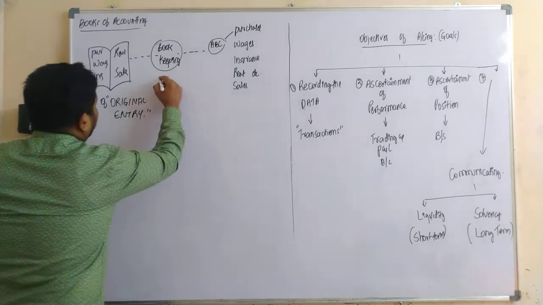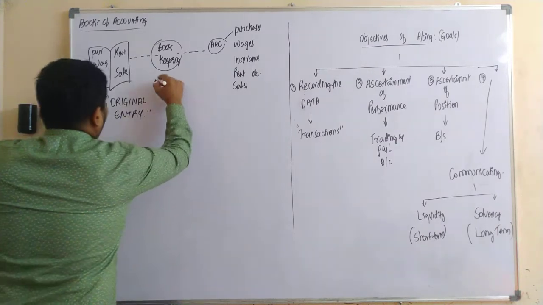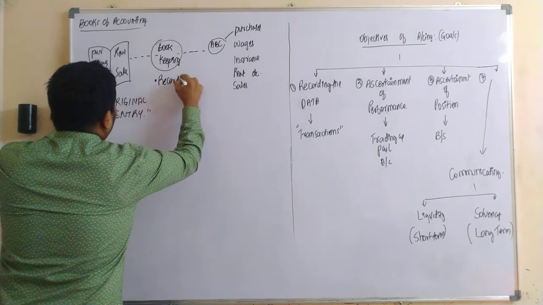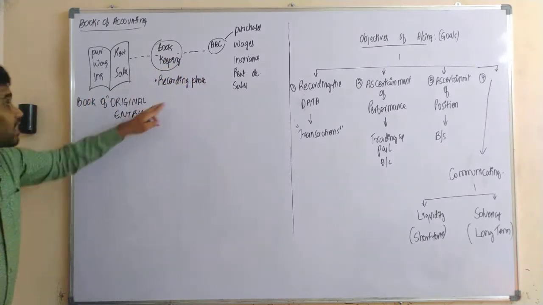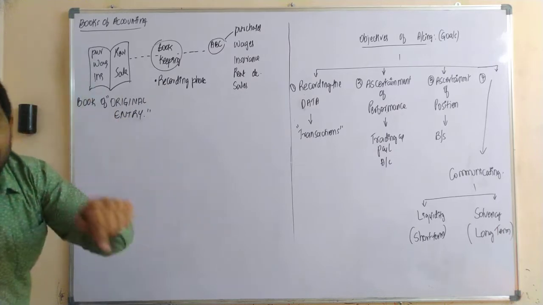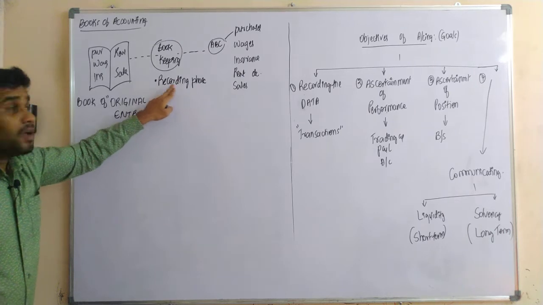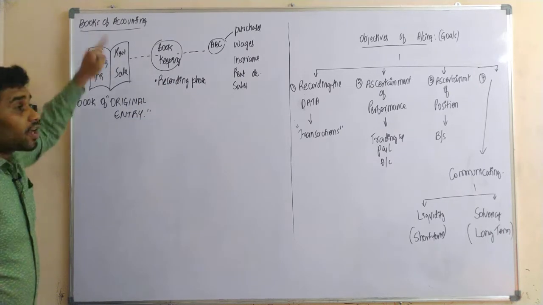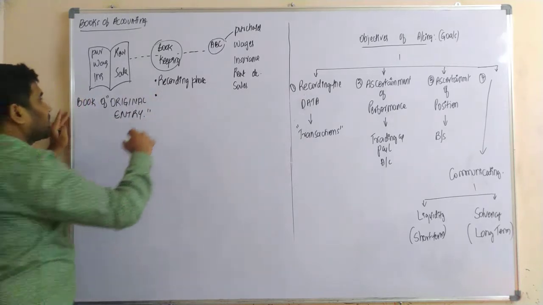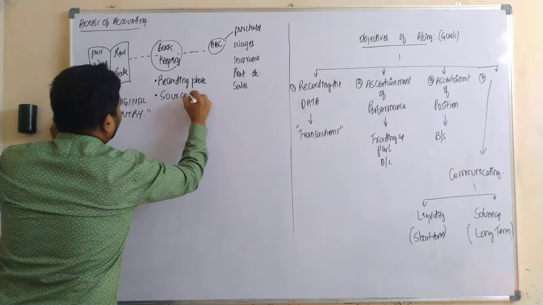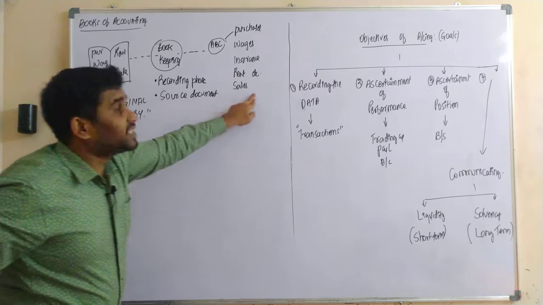That means your bookkeeping is nothing but a recording phase which is an internal part of the accounting, where the bookkeeping would be acting as a source document. Source document of what? This data.